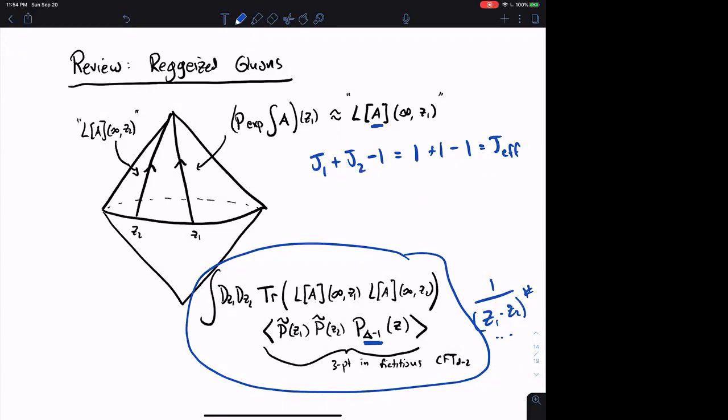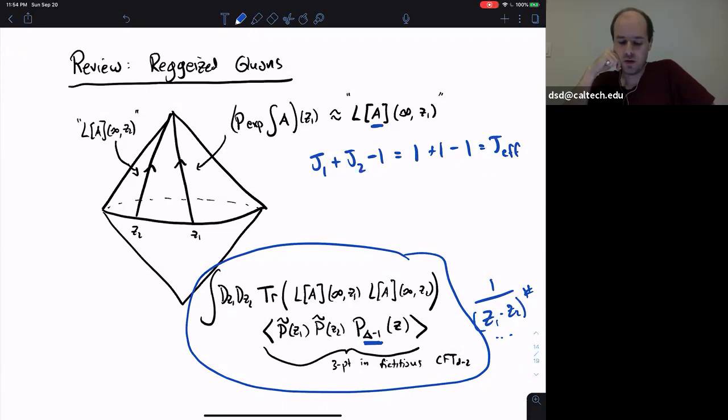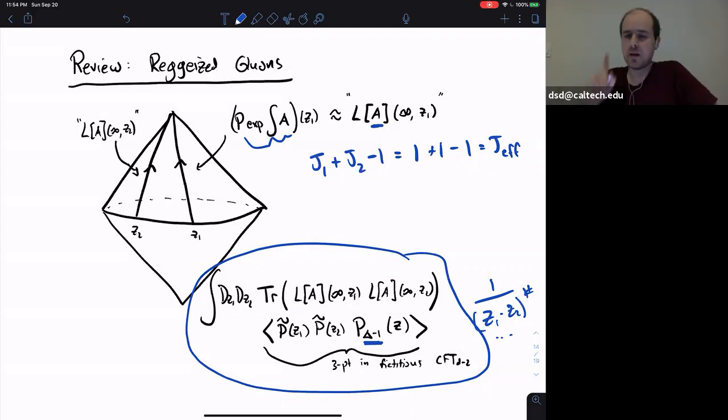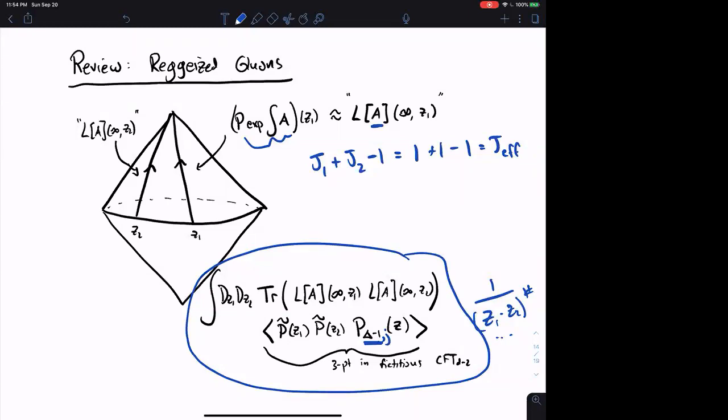So you're asking about weighting the integral in a different way, and I think that if you want a gauge invariant operator, you're not allowed to do that in this case. No, I'm talking about spin on the celestial sphere. Yeah, you're talking about spin on the celestial sphere. Importantly, that's a different quantum number, and I'll talk about that a little bit later.